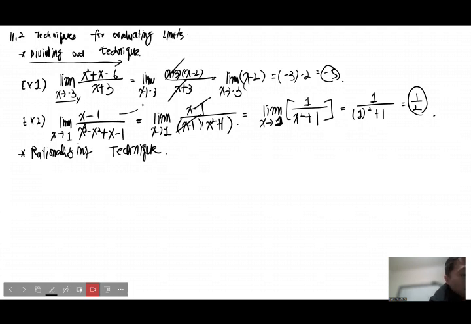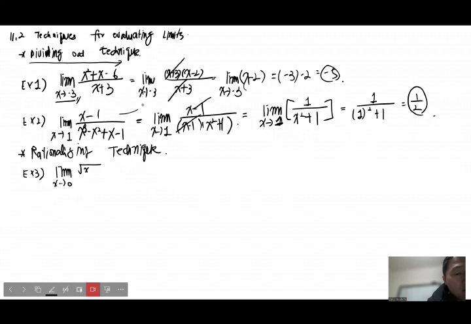Example number 3: we want to find the limit of the function f(x), square root of x plus 1 minus 1, over x, as x goes to 0.